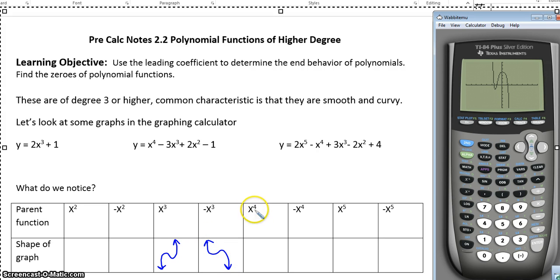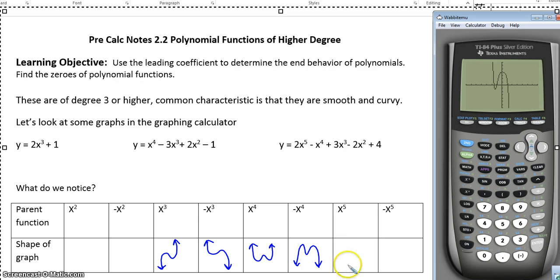When it was an x to the fourth power, a positive coefficient, we had a W-like shaped graph, so something like this. And when we changed it to a negative leading coefficient, it was more of an M, so a graph that would look like that.